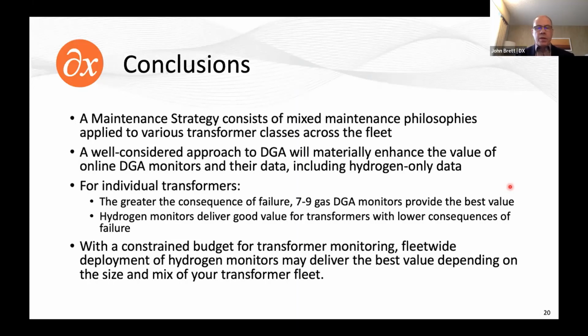And if you have a constrained budget, do the math. When you look at the odds, a fleet-wide deployment of hydrogen monitors may provide the best value, depending on the size and mix of your transformer fleet.